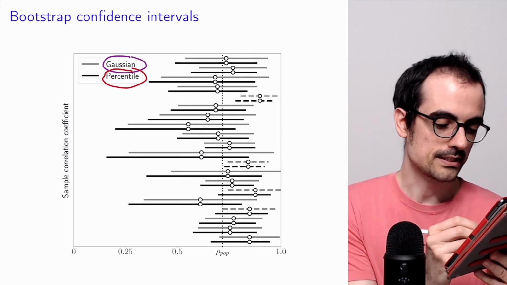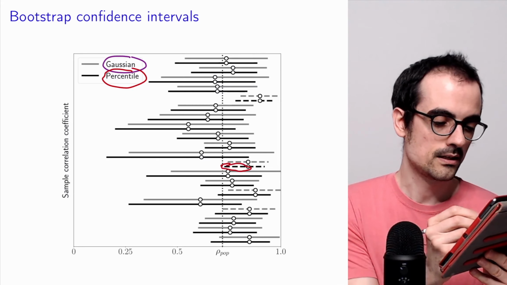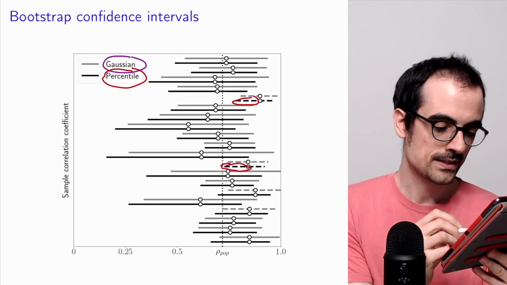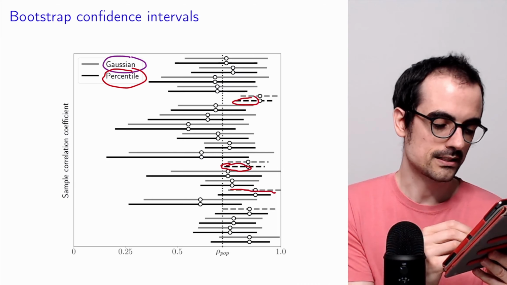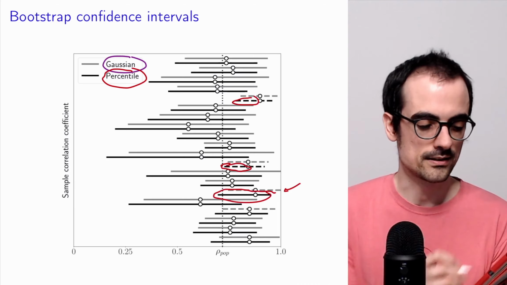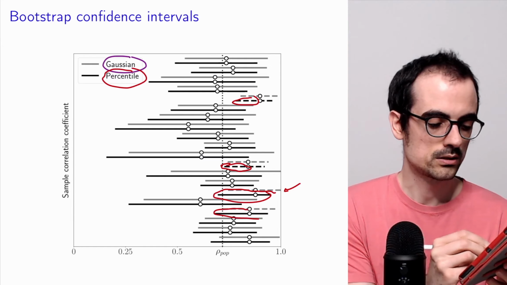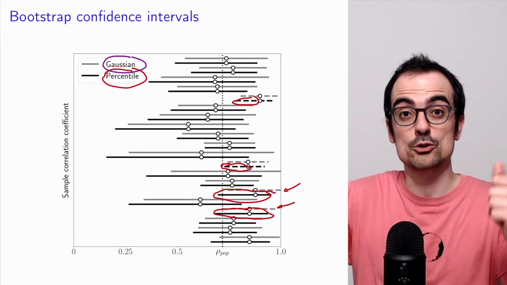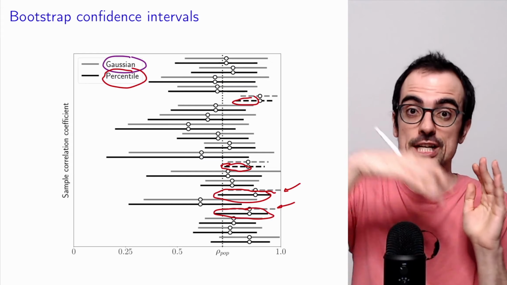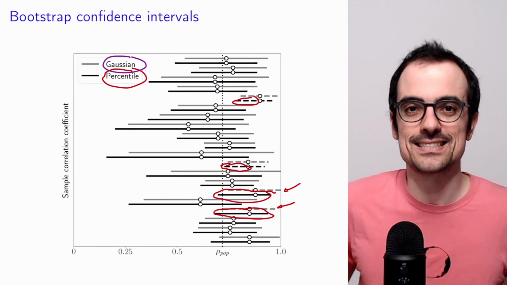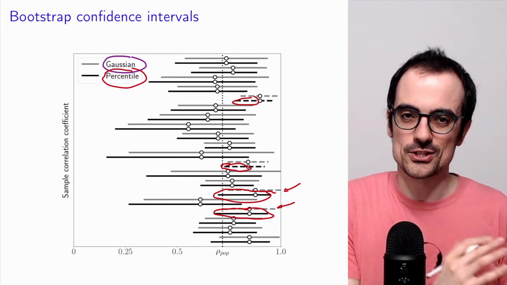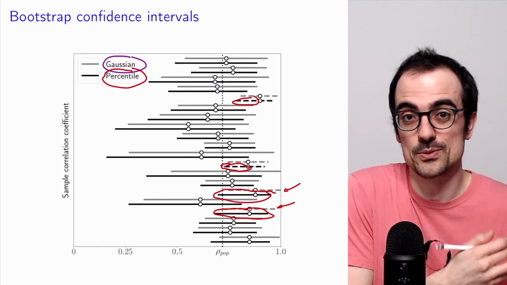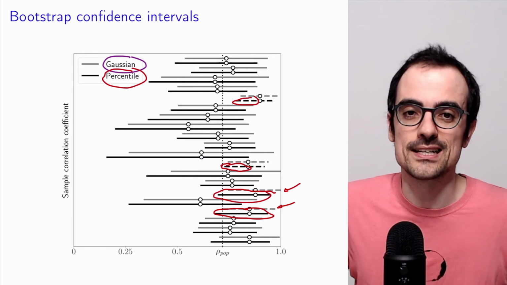In general, the percentile intervals are more asymmetric, and some of them are actually successful when the corresponding Gaussian interval is not, because they automatically adapt to the shape of the underlying estimator distribution, because that distribution can be mapped monotonically to a Gaussian.